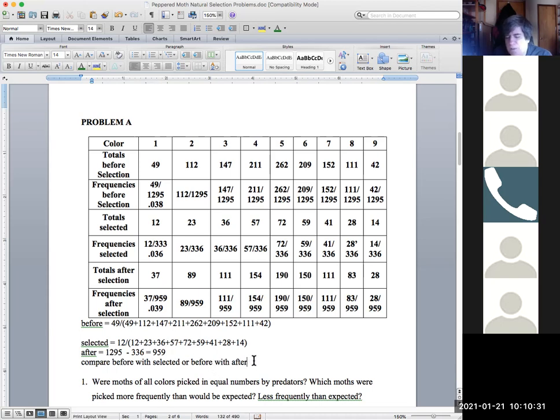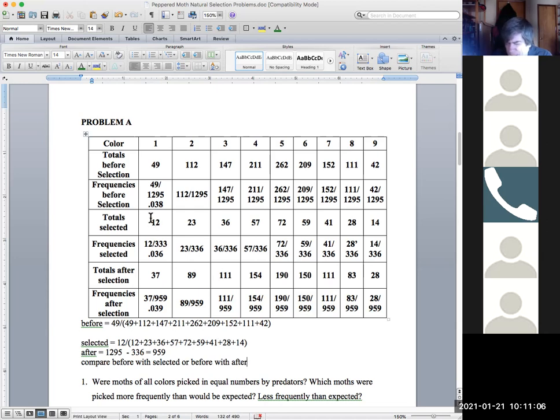Now, what we have to keep in mind is what these 3 categories represent. Before is all the moths in our population before a flock of birds flies through the forest where they're hiding on trees. Selected is which unfortunate individuals, the moths, get spotted by the birds and get eaten. And then after selection is, the flock of birds moves on, who remains?